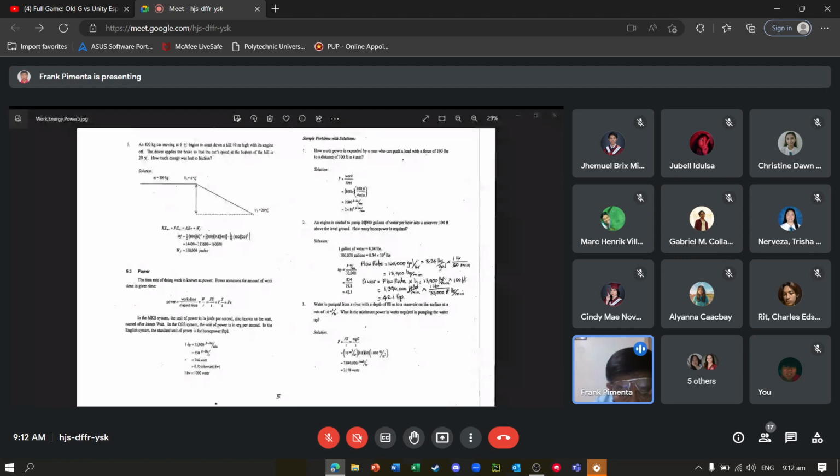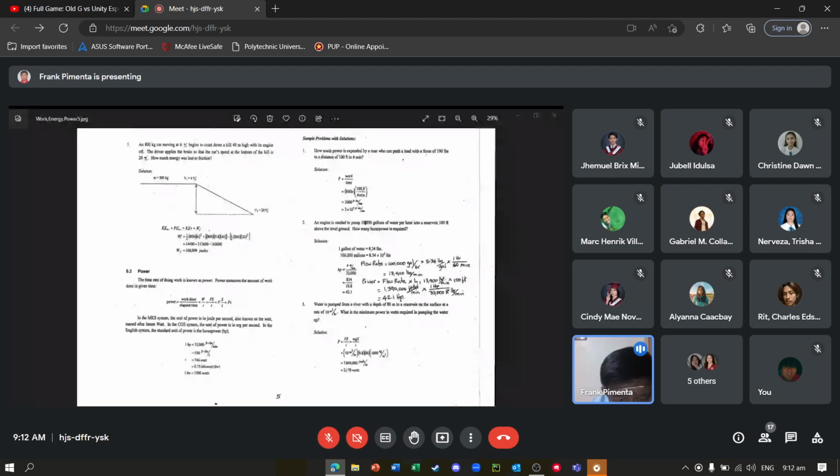By converting this, you multiply by 33,000 foot-pounds per minute in the denominator, and in the numerator will be horsepower. So the unit will be in horsepower.